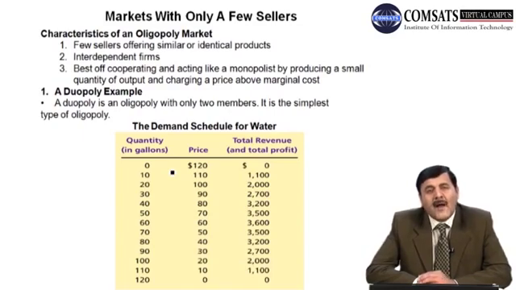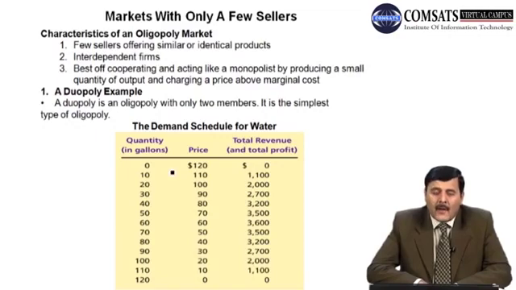If you multiply the price with the quantity produced and sold in the market, you get the total revenue, that is 2,000. Similarly, if the quantity of water goes up from 20 to 30 gallons, the price further goes down from 100 to 90, and the revenue or profit goes to 2,700.